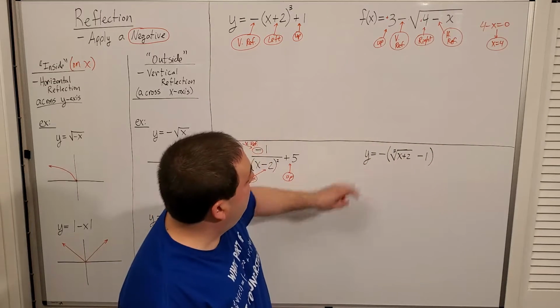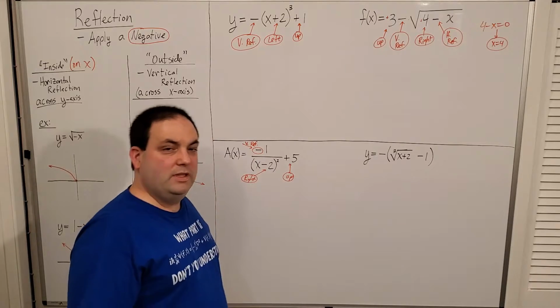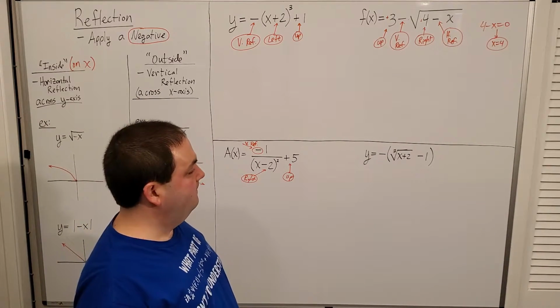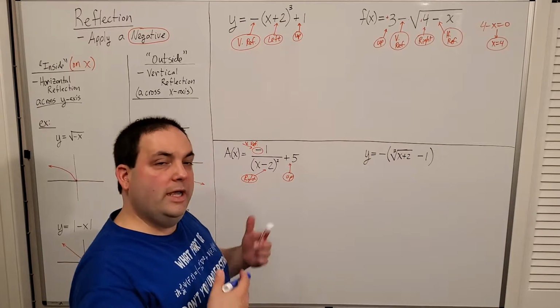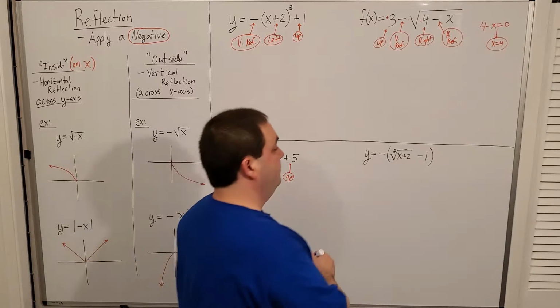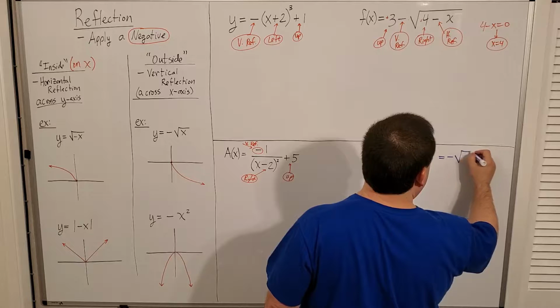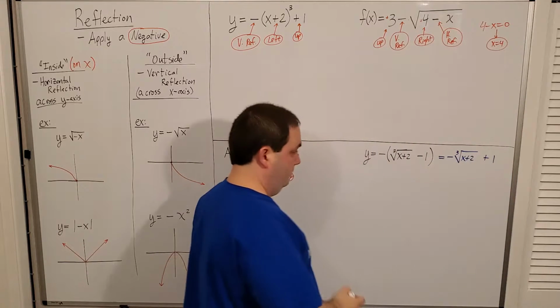On this guy right here, you need to be a little more careful again because I'm seeing some parentheses, which remember, parentheses change the order of things, right? One way you could approach this is I could go ahead and just distribute that negative, okay? So one way of looking at this is that it's negative cube root x plus 2 plus 1.